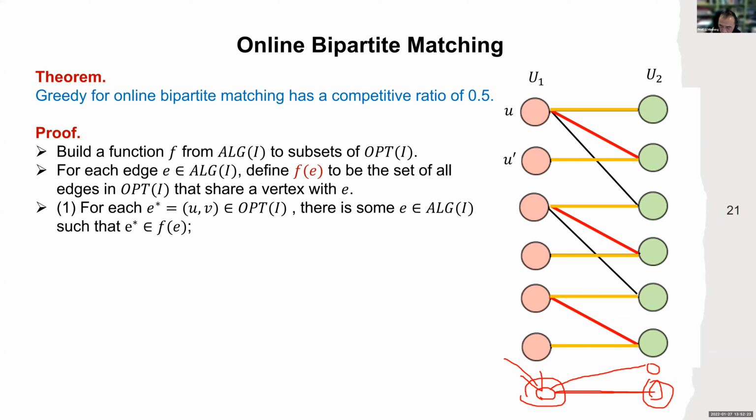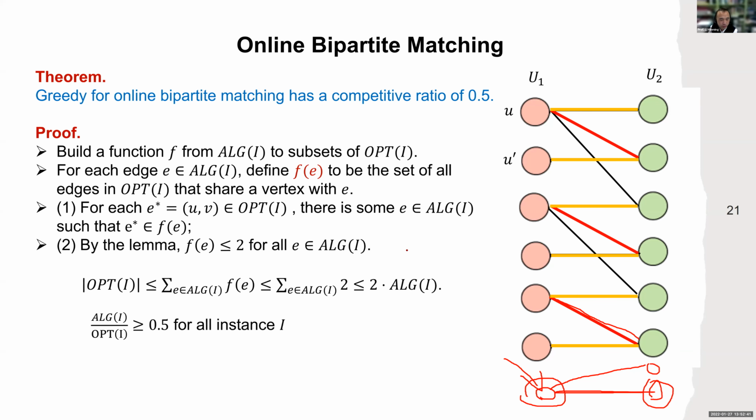So there are only two possibilities. So you will never have to worry about an optimal solution's edge having no connection to any of these red edges. So that will give you the ratio of 2.